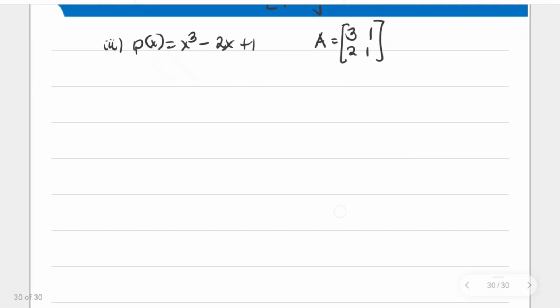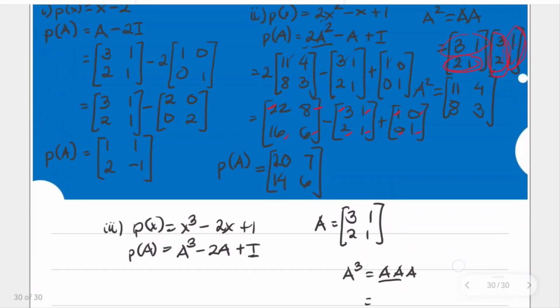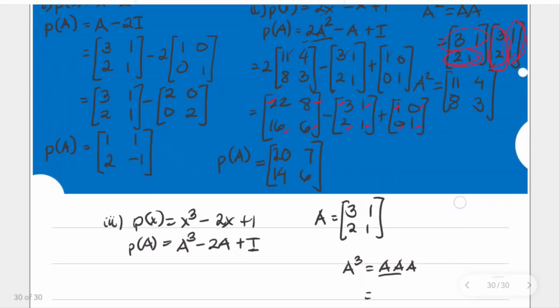So we will have it here for P of A. We'll have A cubed minus 2A plus 1I, or simply, again, just I. Now, with difference to the previous example, we'll have A cubed, which is A times A times A. Since we already have this result earlier, looking back here, this was our A squared.